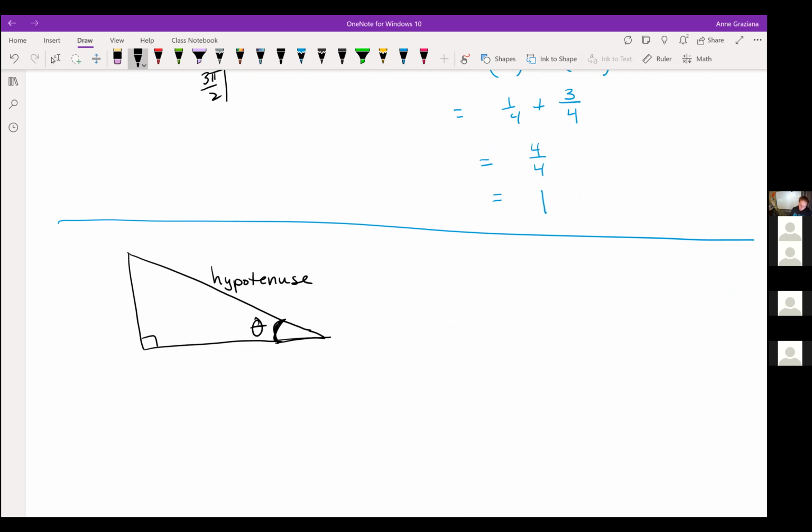The side directly across from theta is called the opposite side. The side right next to theta, meaning it shares one of its rays, is called adjacent.